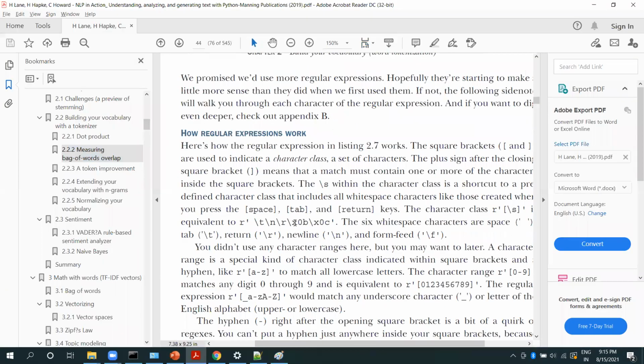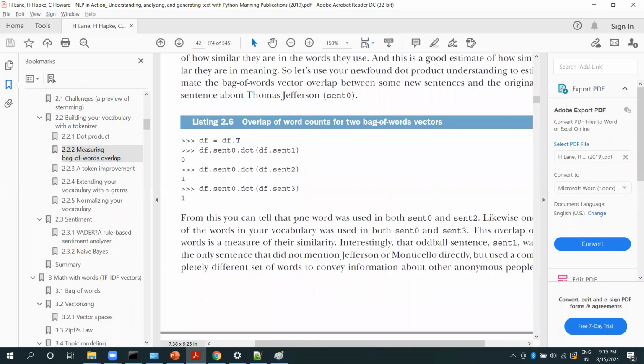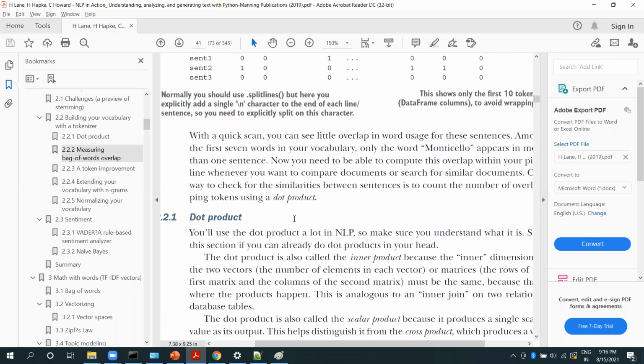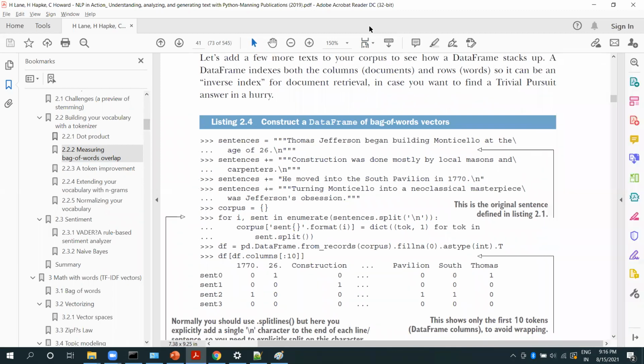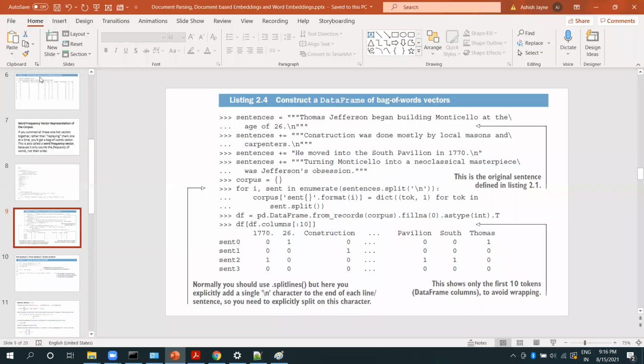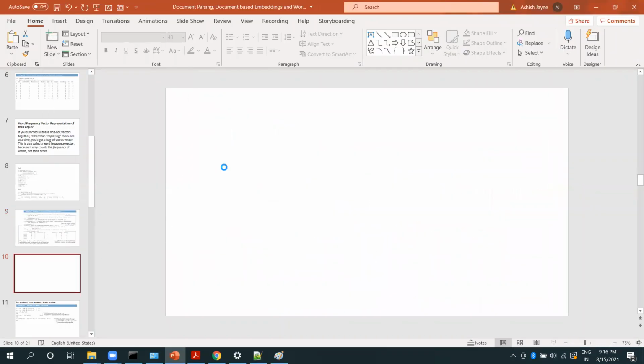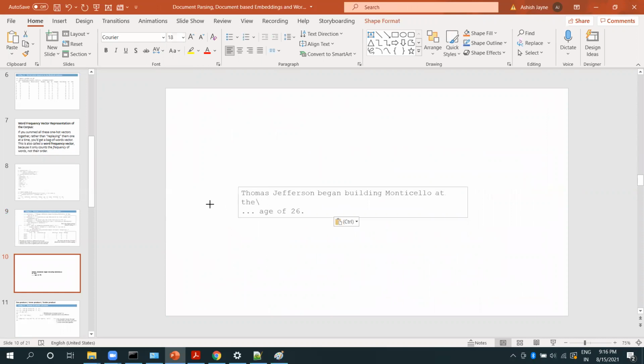I'll explain. This is the first sentence: Thomas Jefferson began building Monticello at the age of 26.